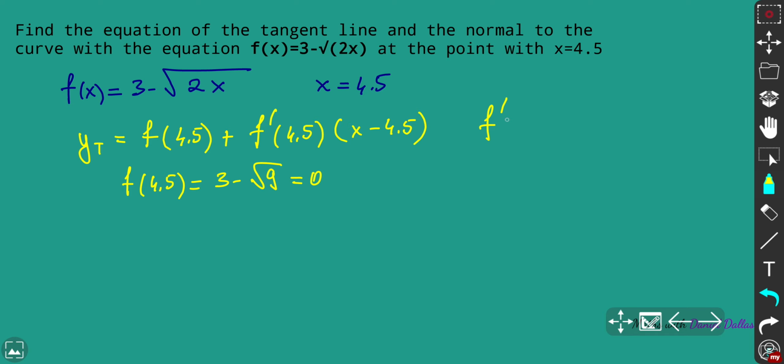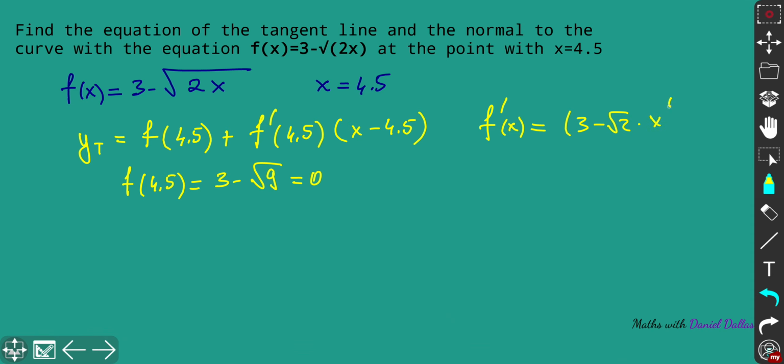And now let's take the derivative in a general way, f(x) first. So let's differentiate your function. What I'm going to do, I'm just going to write the square root of 2 times, and I separate, so square root of 2, square root of x, and instead of square root of x, I just simply write x to the power 1 over 2, because it's much easier. And now I apply differentiation.